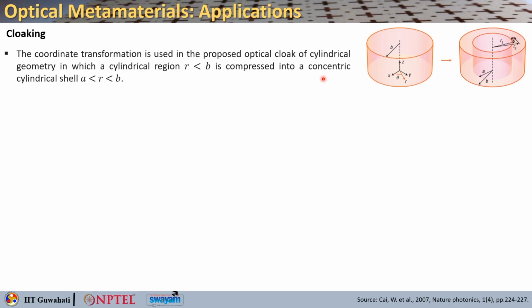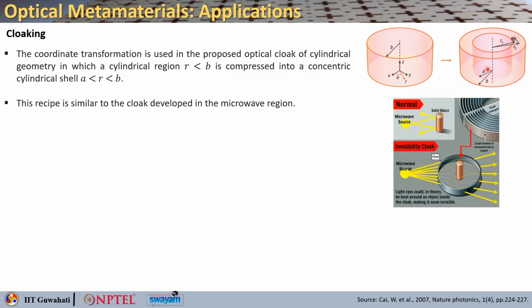But you can see what we are trying to achieve here: the coordinate transformation is used in the proposed optical cloak of cylindrical geometry, where the region of the cylinder with r less than b has to be mapped within this particular concentric shell, where r is between a and b. So, all these things have to be mapped here. That means whatever you keep inside will not have any effect on the electromagnetic waves.